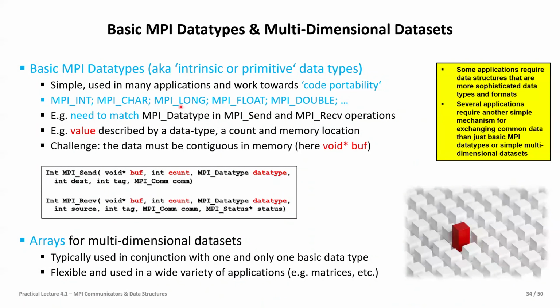We have them here in the MPI environment also available as primitive data types, also to enable code portability. So we know what's inside these particular data types. We can use them in MPI send and MPI receive. You know that already from our previous lectures. Here again, just for you to understand, we always put an MPI data type in, if you remember.